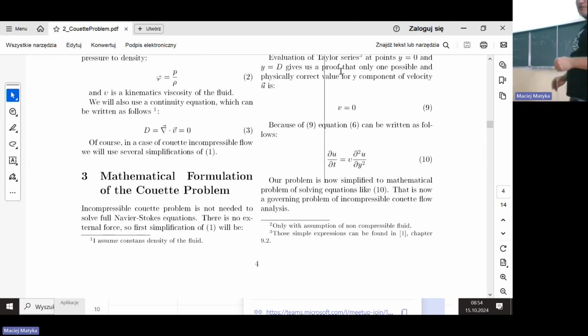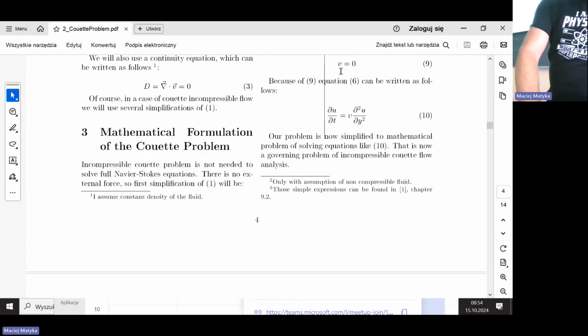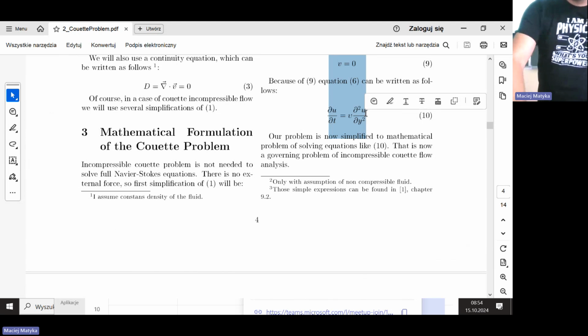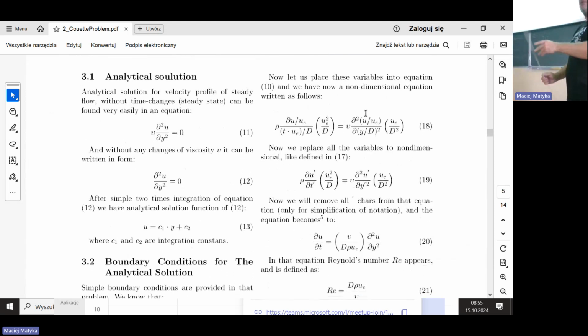And there are some methods for that, different ones. And in my report, we basically simplified Navier-Stokes toward this. And believe me or not, this is the Navier-Stokes equation for this problem. So now you know the way I tried to simplify it. And first of all, we can analytically solve it.